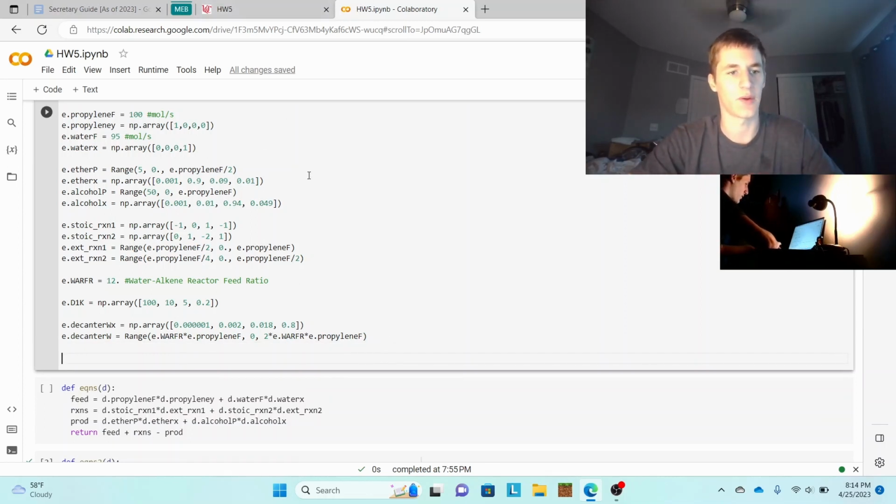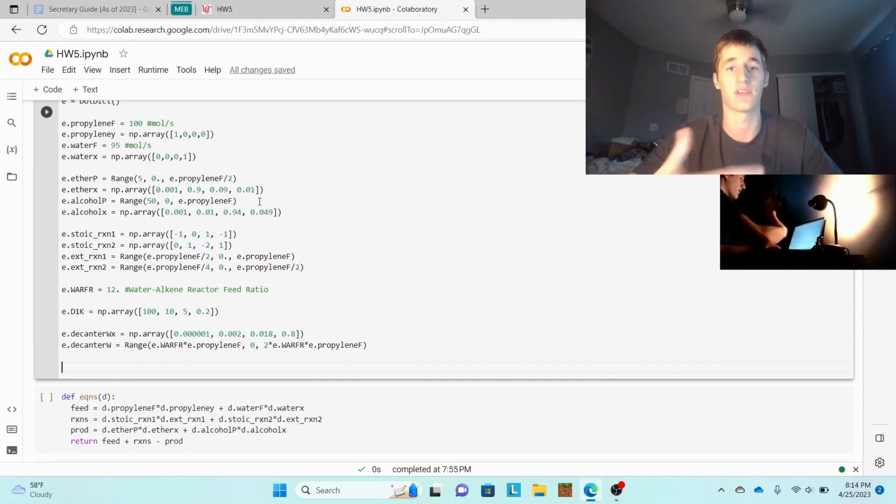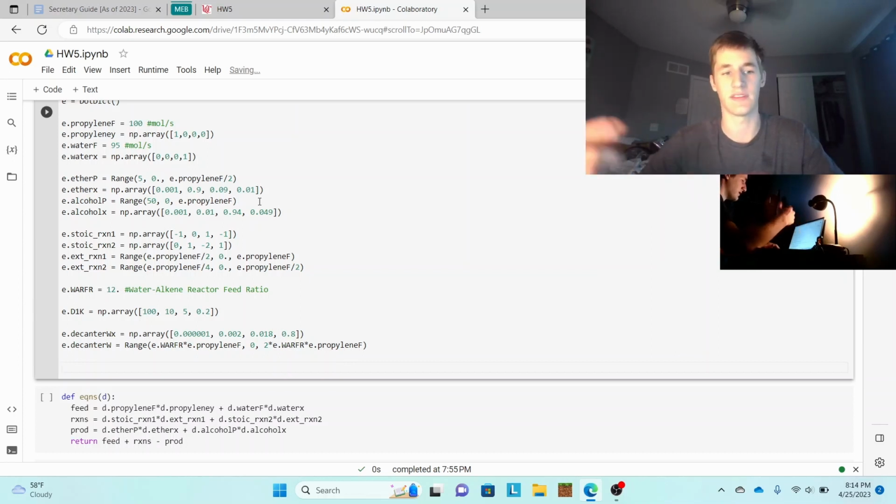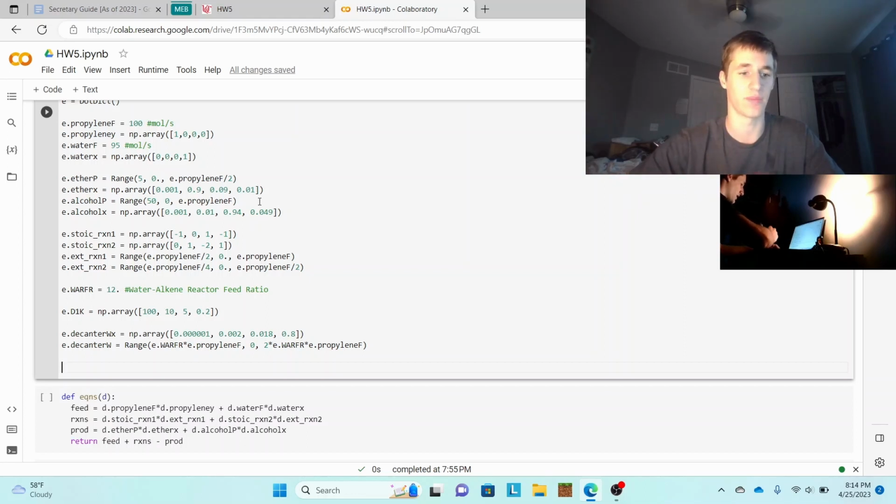Next, we have our distillation column, right? We have 6. We have our flow going in, our mole fraction in, distillate mole fraction, and our bottom with our bottom's mole fraction. So I'm going to type all of those out.